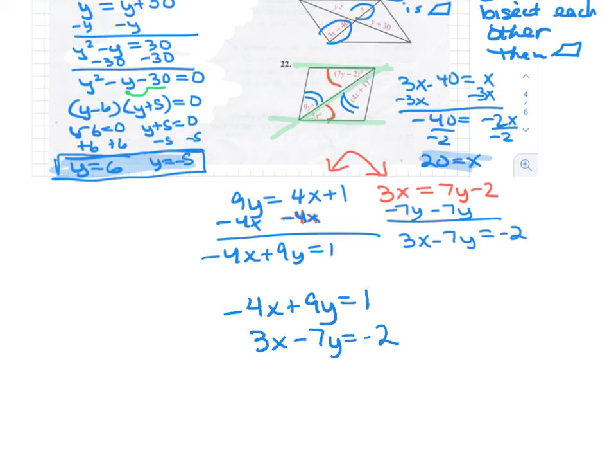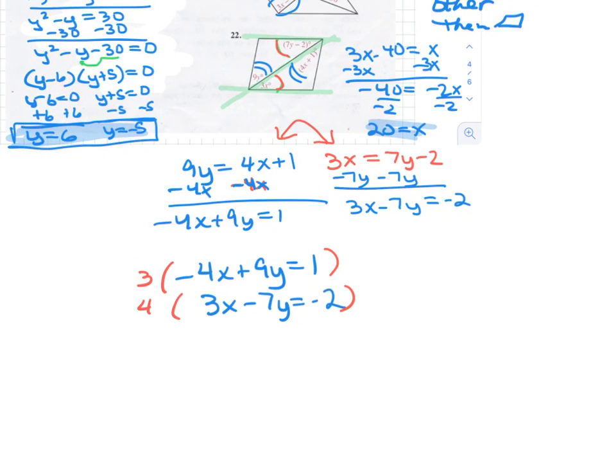So I'm going to multiply this equation by 3 and this equation by 4. Now when I multiply the equation, I must multiply all three numbers. So this equation will now become negative 12x plus 27y equals 3. And then this one will become 12x minus 28y equals negative 8.